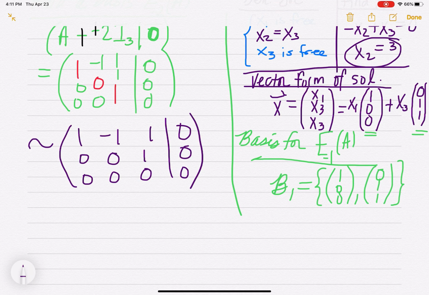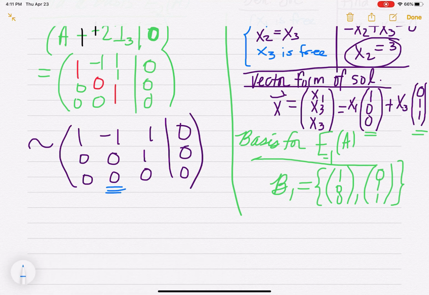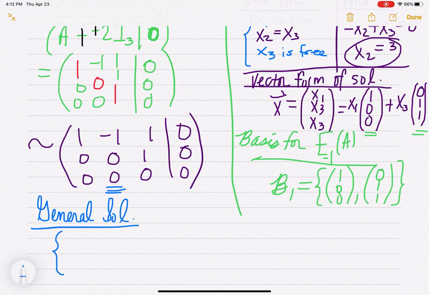All right, so it looks like here we have one free variable. It's going to be x2. And we're writing down the general solution of the associated homogeneous system. So x2 is free. Now x3 is going to be equal to 0, right?